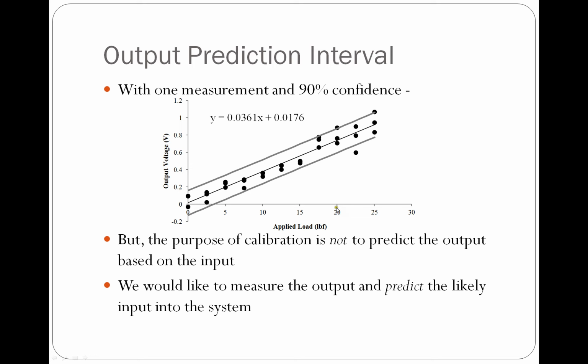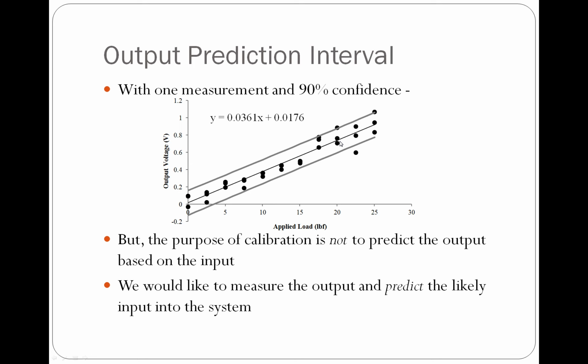Again, if we come up here to 20 pounds load, we can say that the output voltage is going to lie somewhere between about 0.6 volts and a little over 0.8 volts with 90% confidence anytime we apply a load of 20 pounds force.